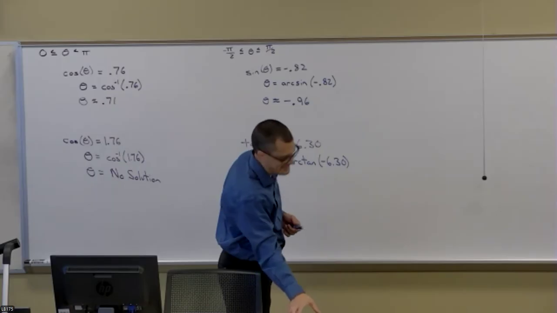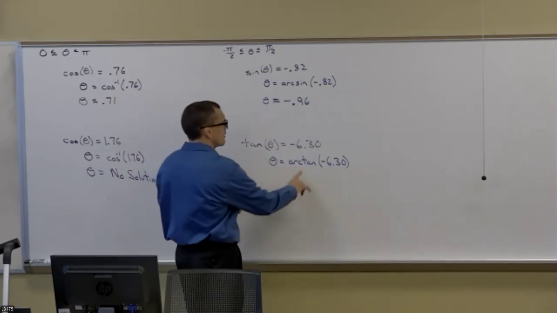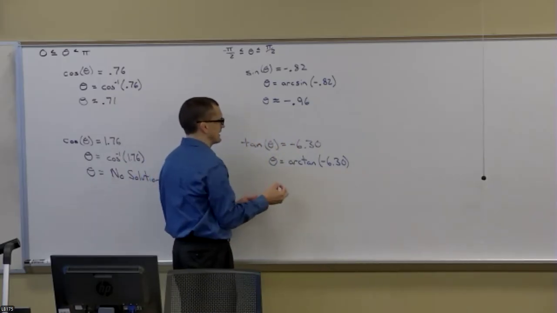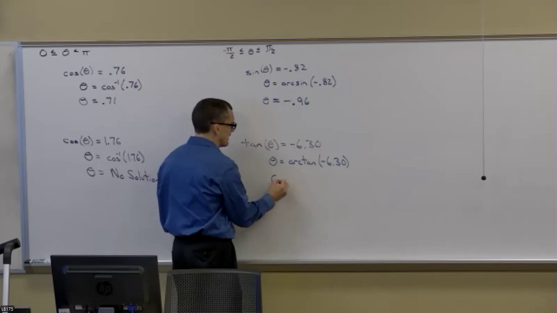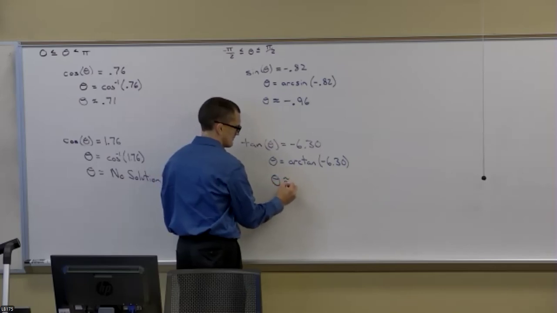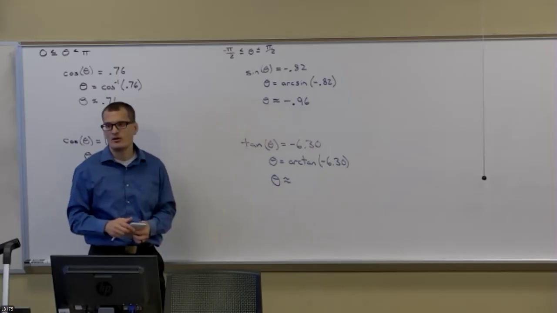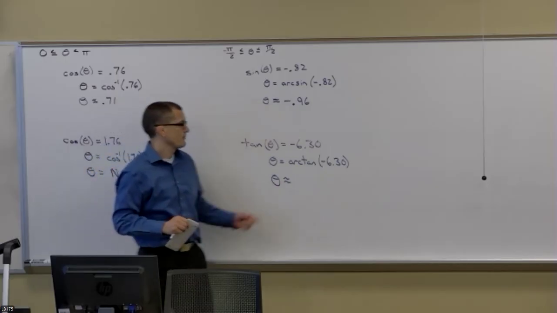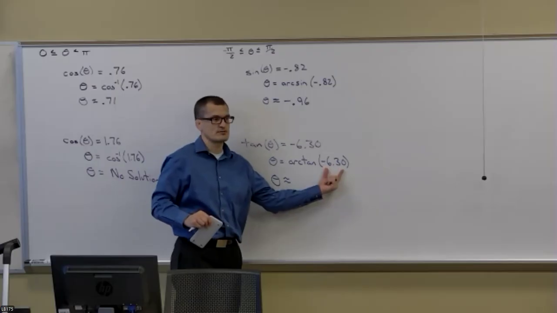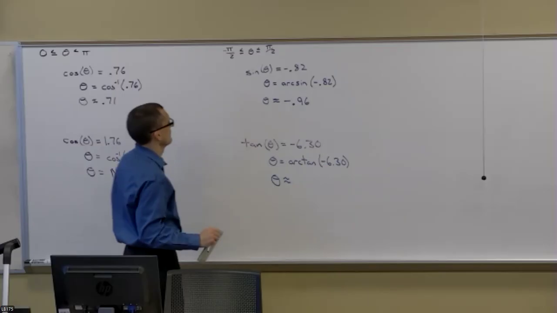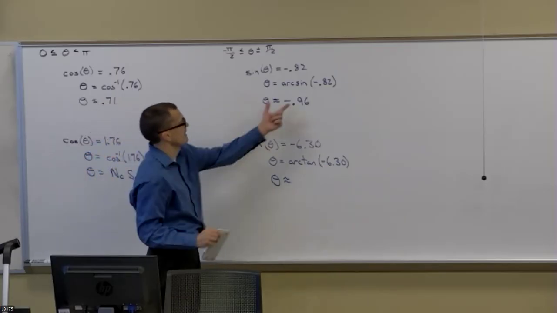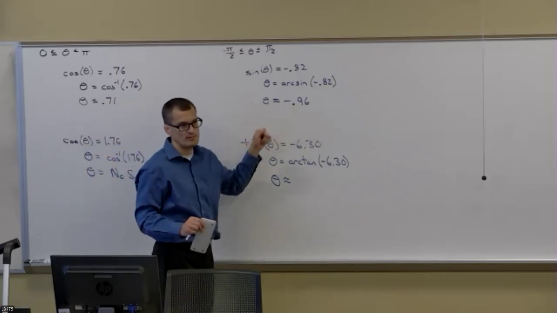With the tangent one, we take arc tangent of negative 6.30. By the way, that's going to give us a perfectly fine answer. Remember, the domain of arctan goes from negative infinity to positive infinity, while the domain of arc sine is from negative 1 to positive 1.